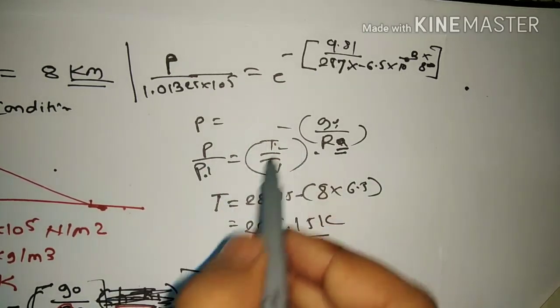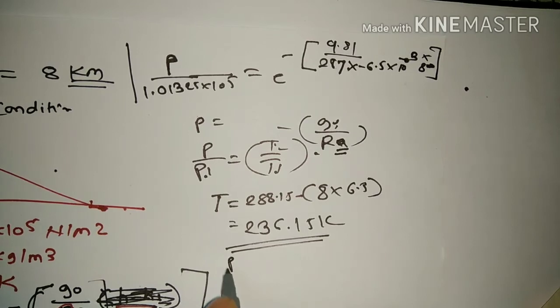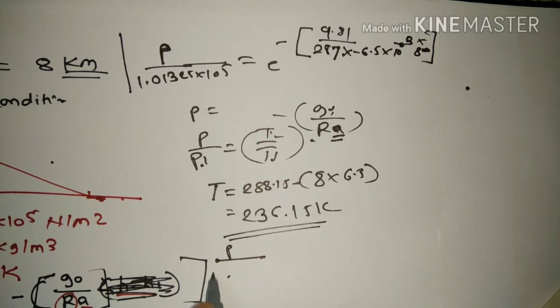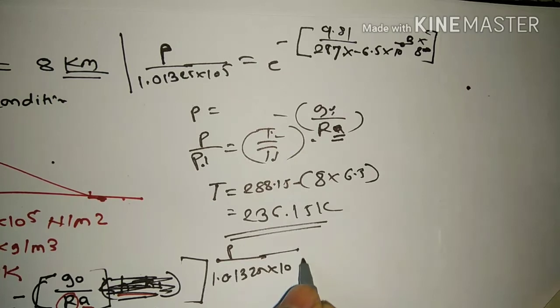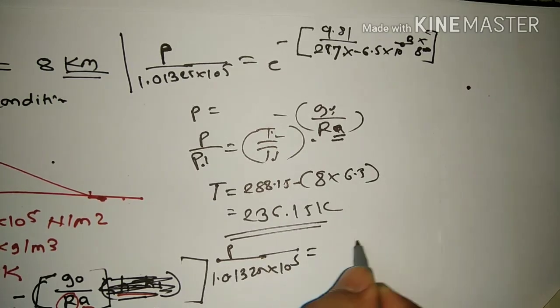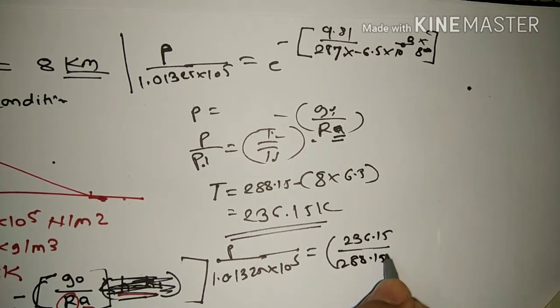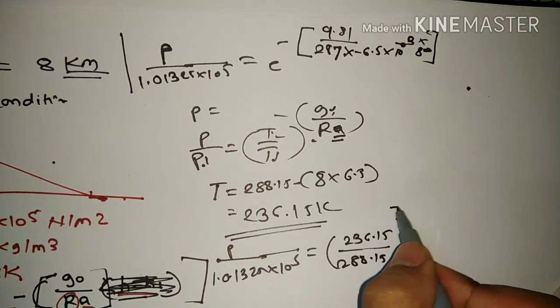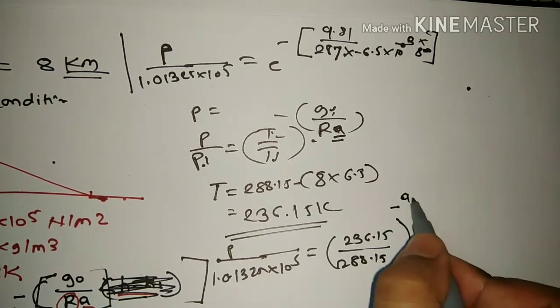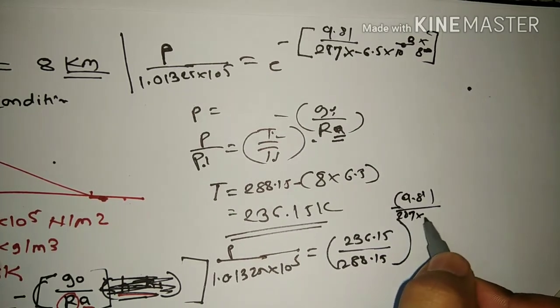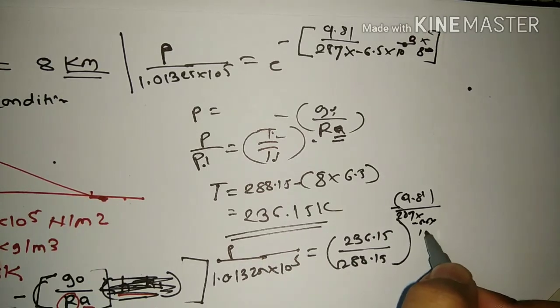So we put in the formula, P equals P1, which is 1.0325 into 10 raised to 5, into the ratio of temperature 236.15 divided by 288.15, T1 being the reference value, raised to minus Geo, which is 9.81, by R, which is 287, into minus 6.5 into 10 raised to minus 3.